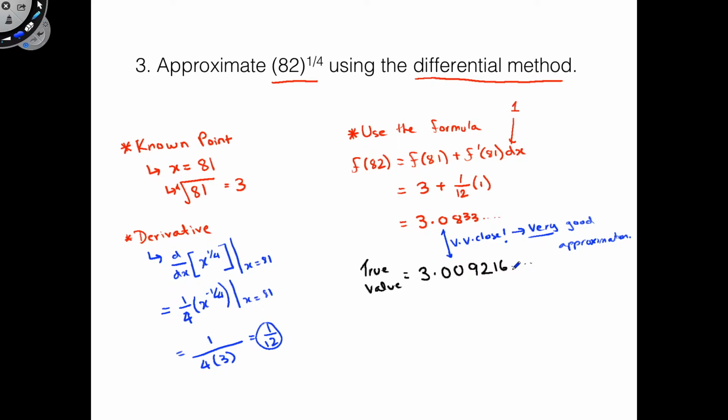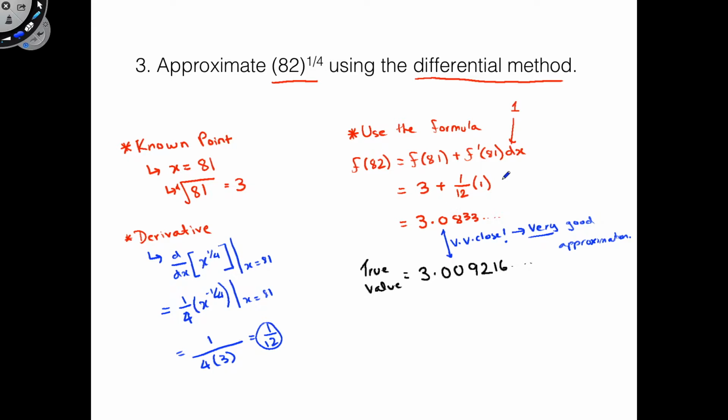Right? So again, we figured out our known point, we figured out our derivative, and then we plug all those into the formula. It's a very straightforward idea, but sometimes it's just a little bit tricky to see. But again, whenever you're doing these, all you need to do is just think about all the pieces you need and how you'd get them, right?